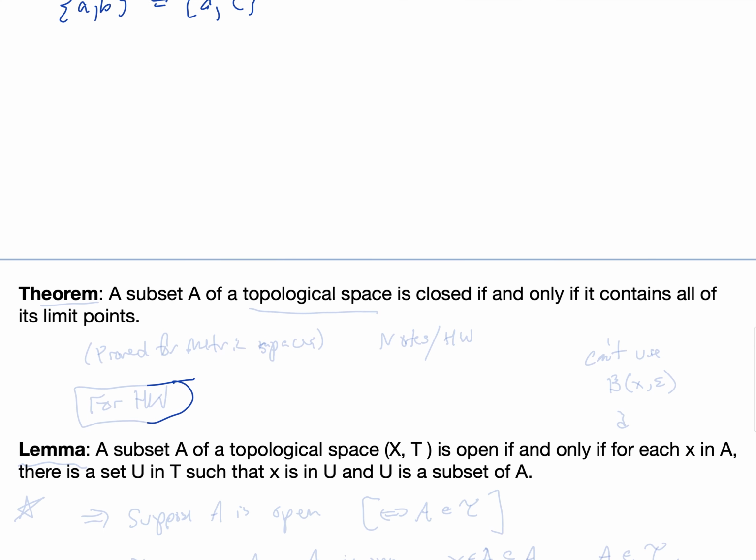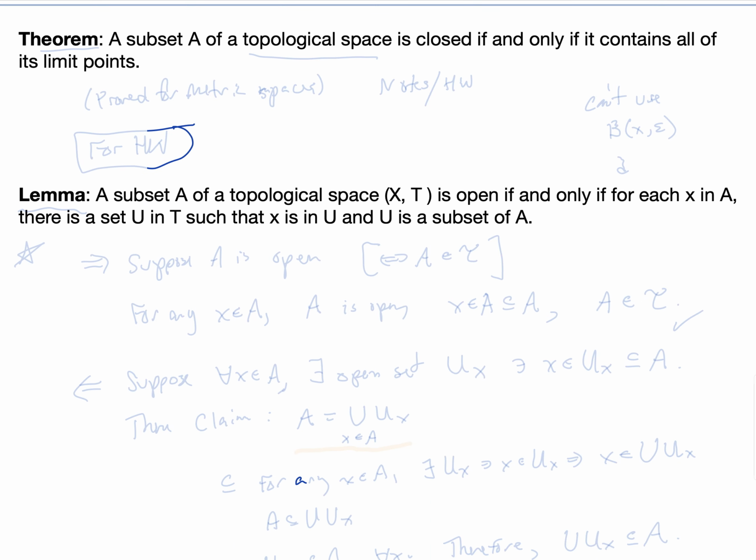Here's a theorem about closed sets and limit points that will be familiar to you. A subset A of a topological space is closed if and only if it contains all of its limit points. Now we proved this for metric spaces, partly in the notes and also in the homework, one direction in each place.